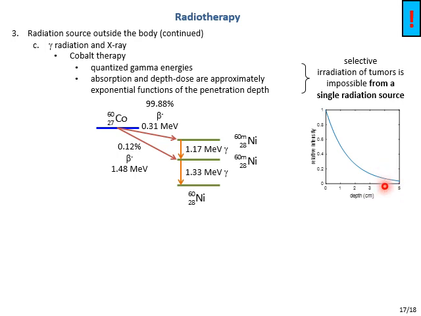Because just imagine if a tumor is 4 centimeters under the skin, then these tissues, 1 to 2 centimeters under the skin, are healthy tissues, but you can actually see that they get a higher dose than the tumor itself. So the conclusion from a medical perspective is that selective irradiation of tumors is impossible if we only apply a single gamma radiation source due to the exponential absorption law of gamma photons.